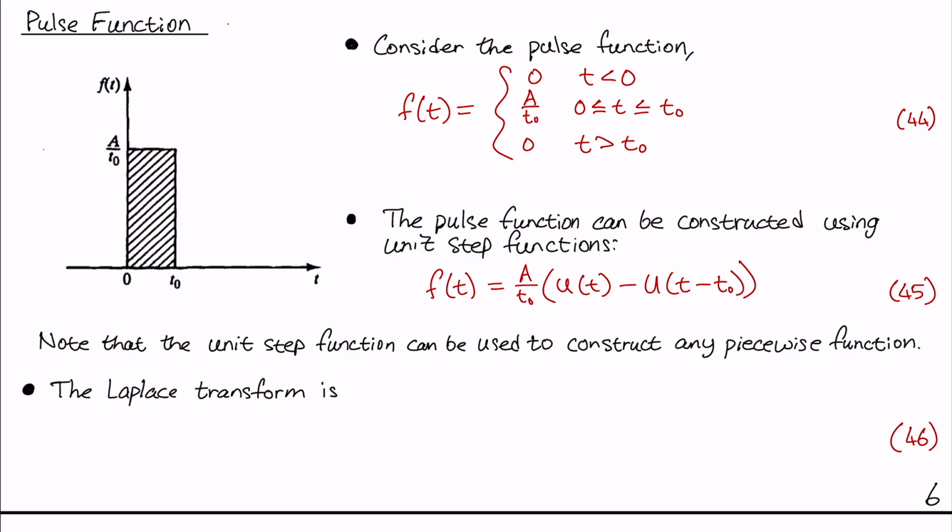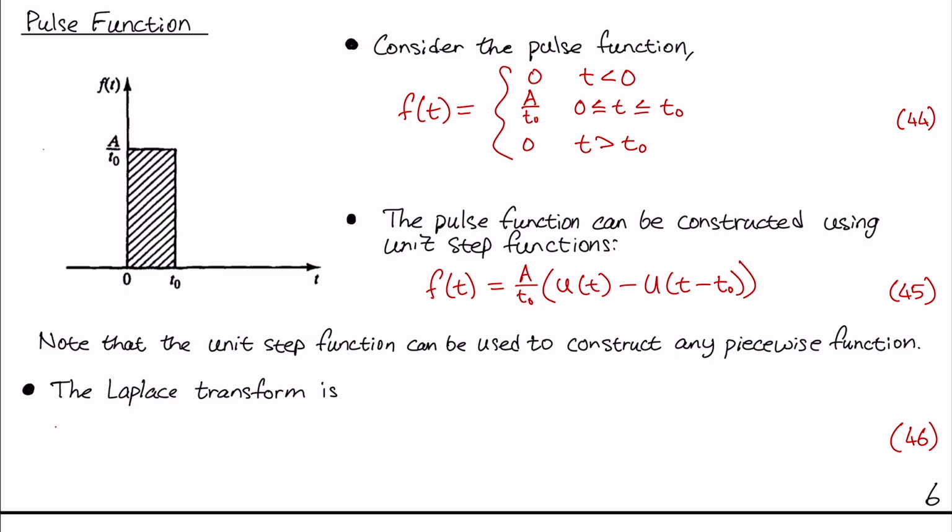In this case, the first unit step becomes 1 at time t equals 0, and the second unit step becomes 1 at time t equals t0, and then they cancel each other out at that point. As a result, we can use the unit step function to build piecewise functions. And like I said, you can use it to construct any piecewise function.